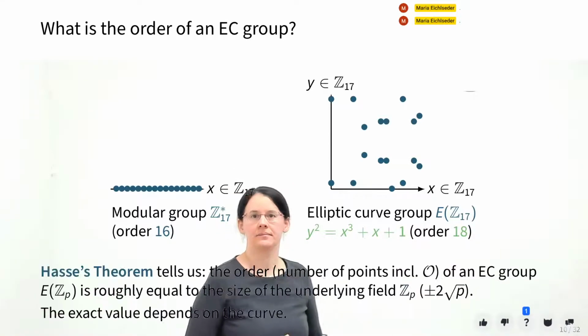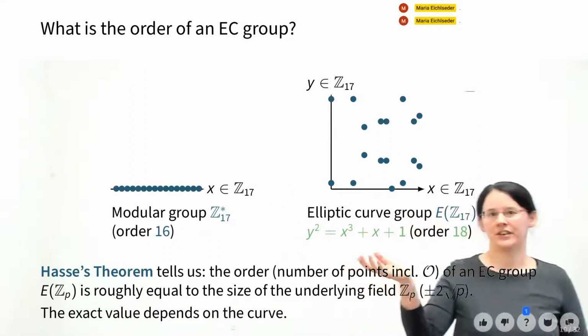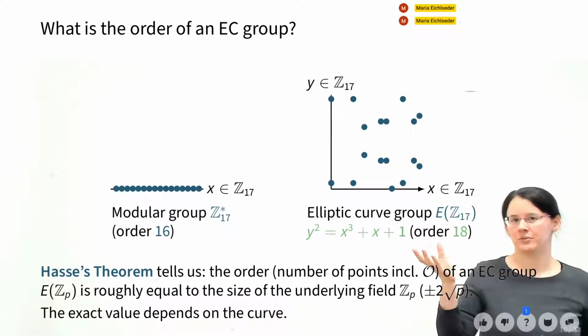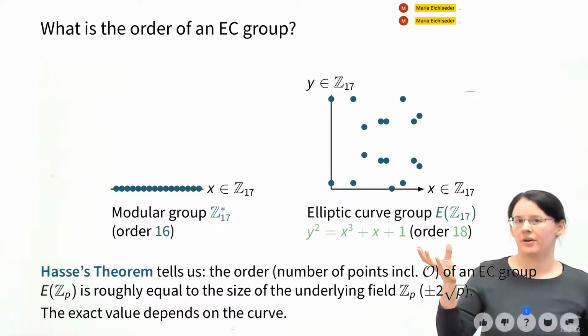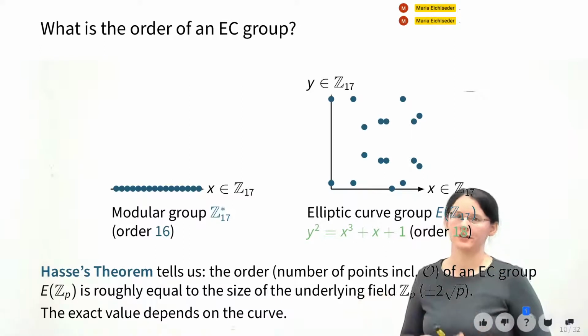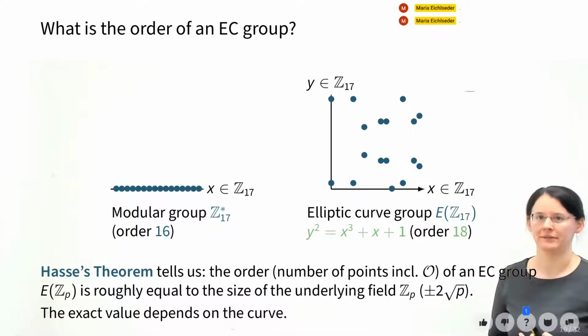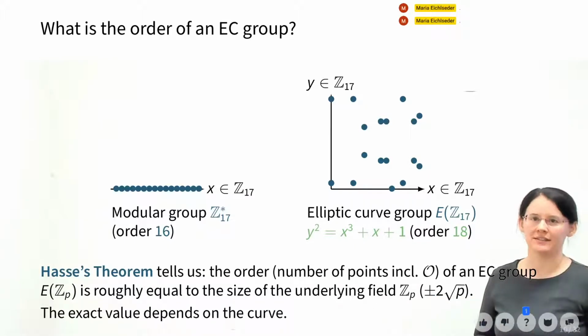Okay, and the question of how many points are on here is actually quite important. And this is because we already saw this is one of the main security parameters. We want to know how many elements can be generated from something, because the higher, the more difficult the discrete log problem is going to be. And we do have an approximate statement on the size, which is the Hasse theorem.